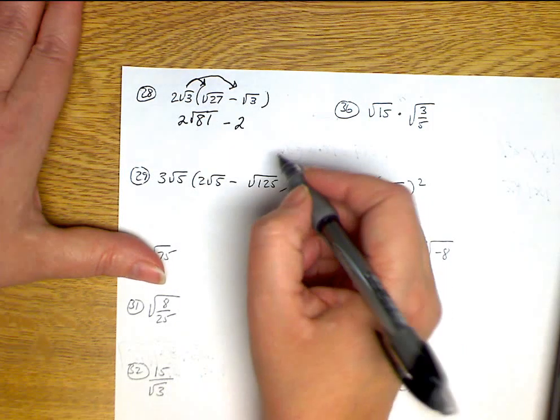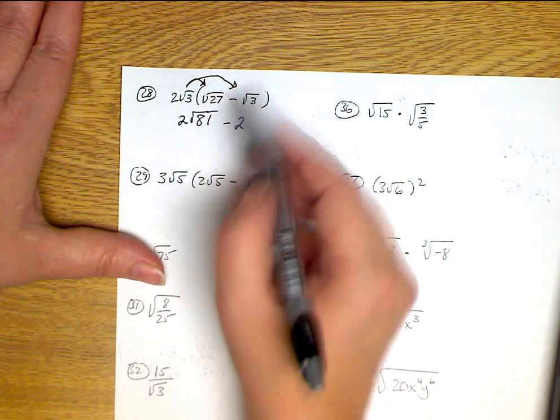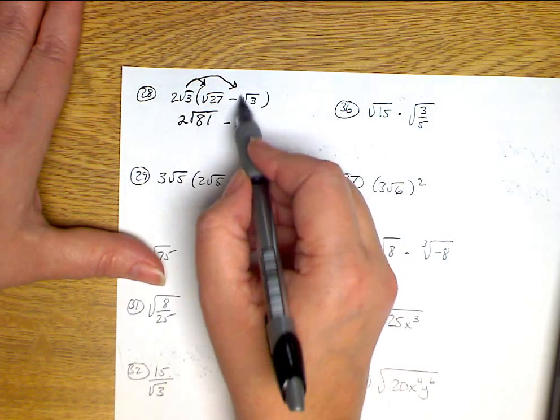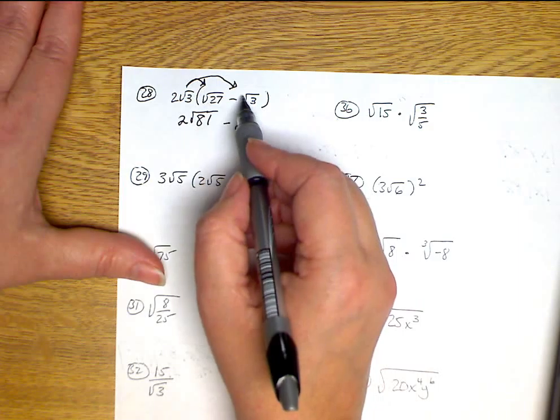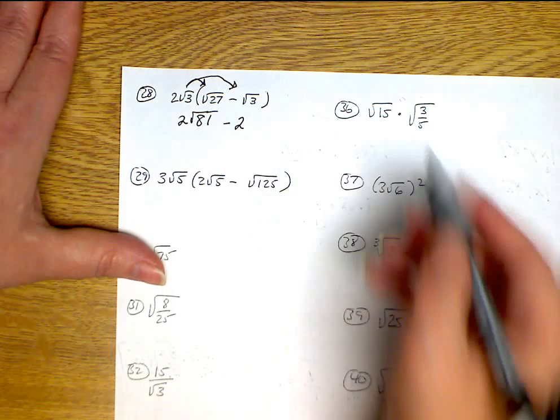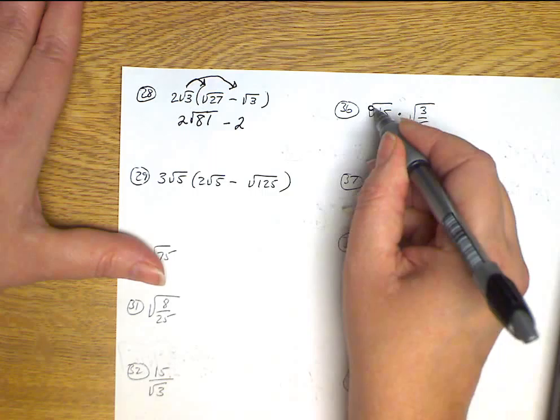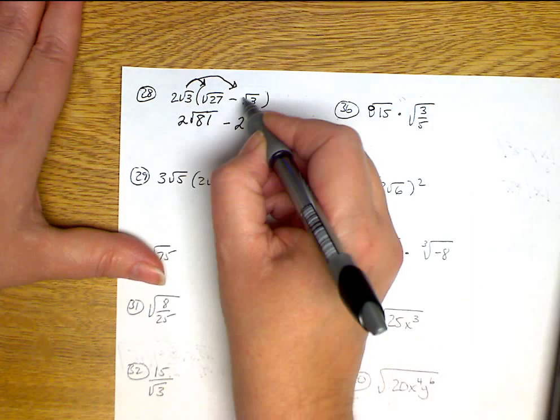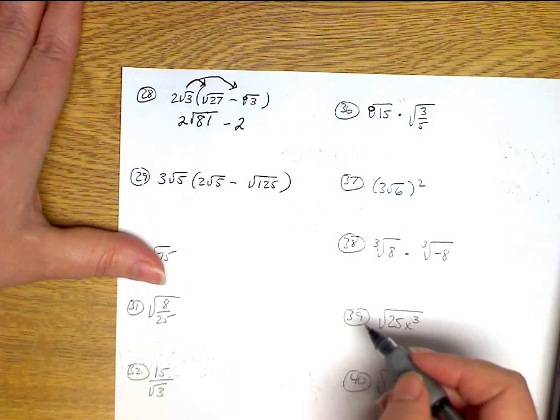Now, if there's nothing in front of it, it's always a 1. I thought you said nothing was in front of it. No, above it. This is a square root. There's a 2 there. But what's in front of an X? A 1.